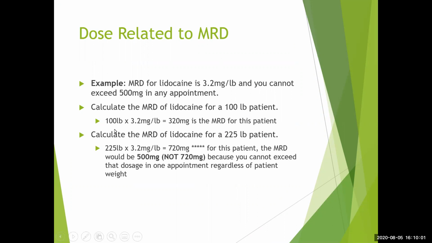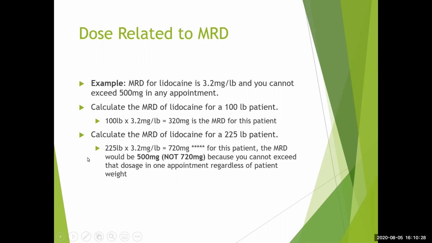So if your patient is 100 pounds, you just multiply 100 pounds times 3.2 milligrams per pound, and you find that their MRD is 320 milligrams. So as long as that value is less than the maximum MRD, you're fine. You would use the lower of the two. So 320 milligrams would be her maximum recommended dose, which is lower than the 500 milligrams absolute maximum.